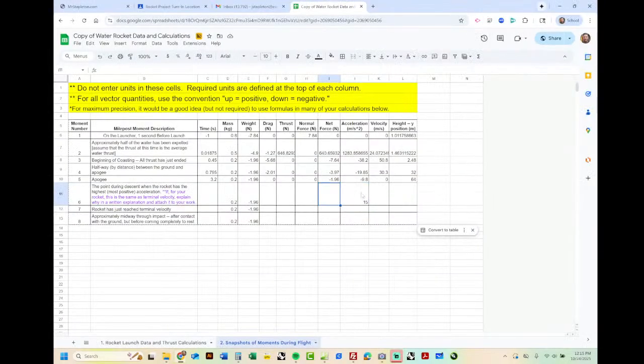Now I can use that to calculate some other stuff. So net force equals the mass times the acceleration. So there's the net force, and there is no normal force, and there is no thrust. So the drag added to weight has to give me this net force.